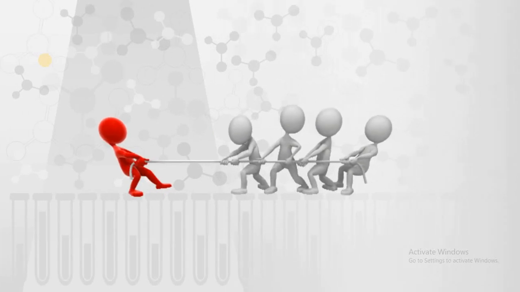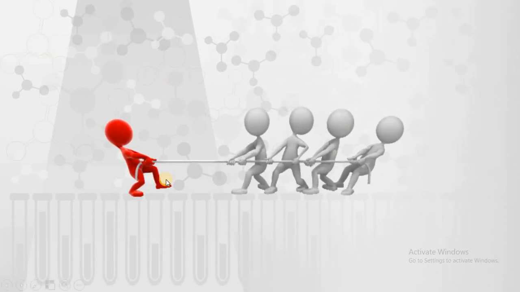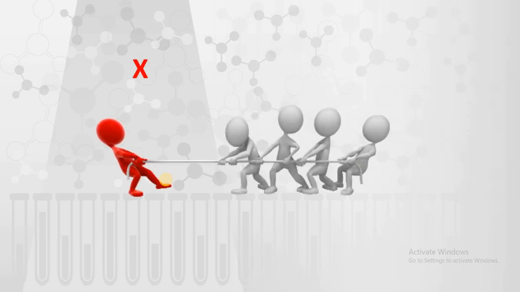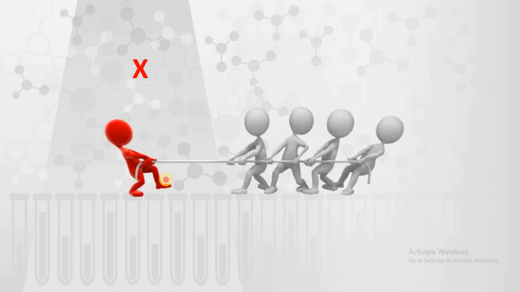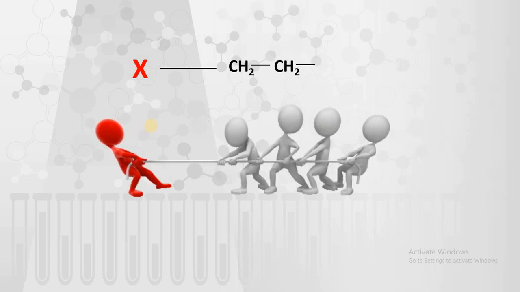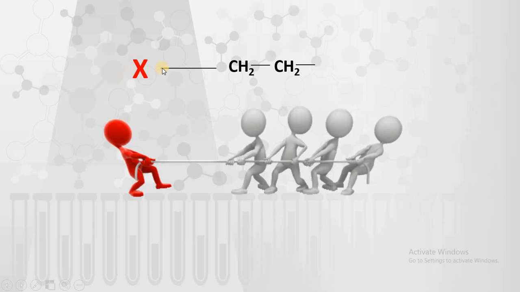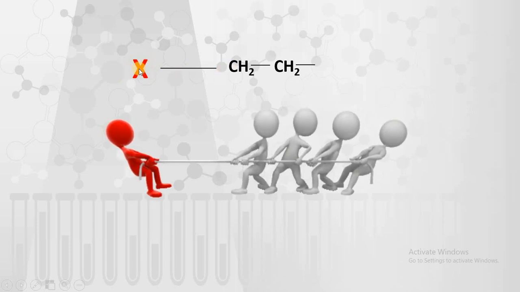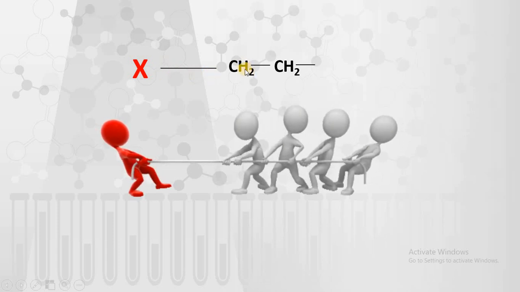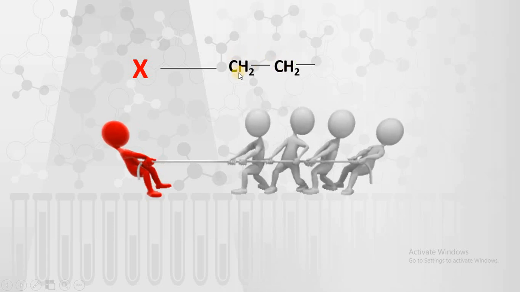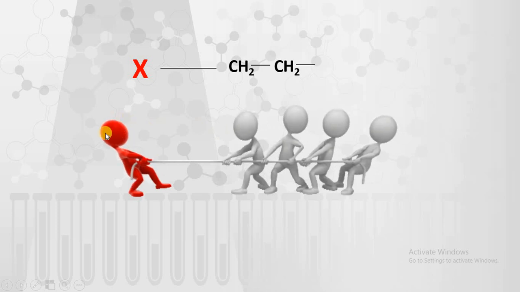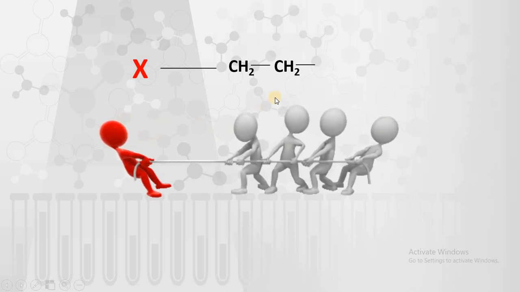Let us see this example. This is nothing but a tug of war. Consider the element X, which is electronegative in nature. The bond between X and CH2 is polar, but due to this, polarity is generated or induced in the two carbon atoms, because this electronegative atom pulls the electrons towards itself.